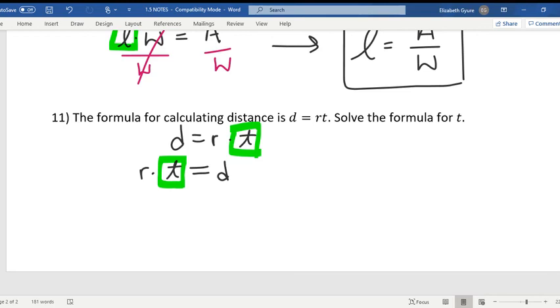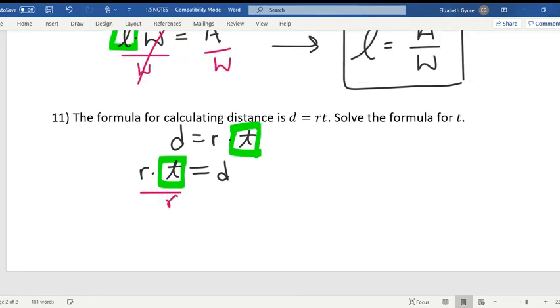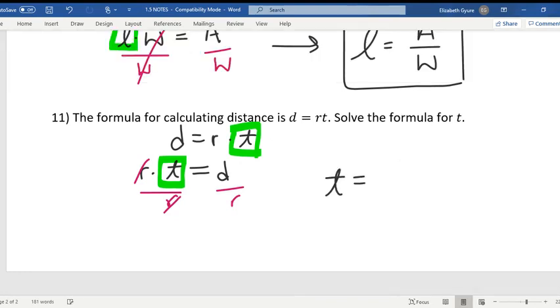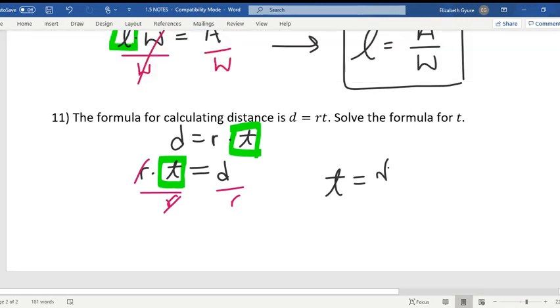Is that r being added, subtracted, multiplied, or divided currently? Multiplied. And how do you get rid of multiplication? You divide. So we're going to divide both sides by r. The r's will cancel, and you will just have t equals d over r. It's because I drew it cursive, because I don't want it to look like a plus sign. So d over r, and then you're done.